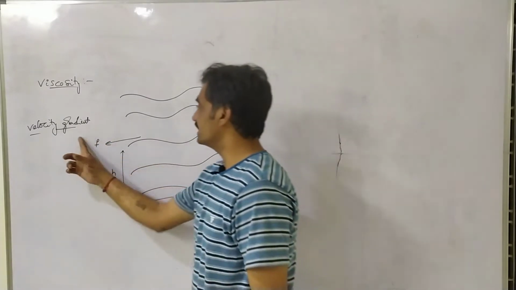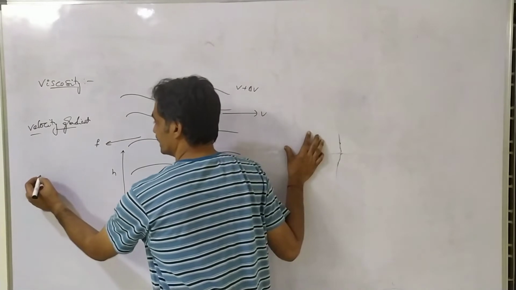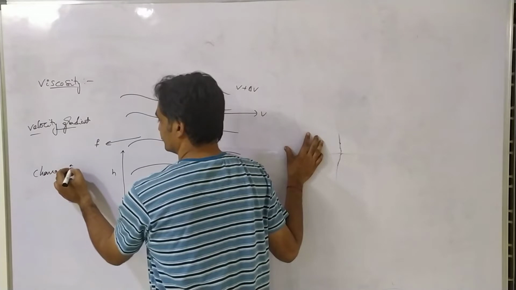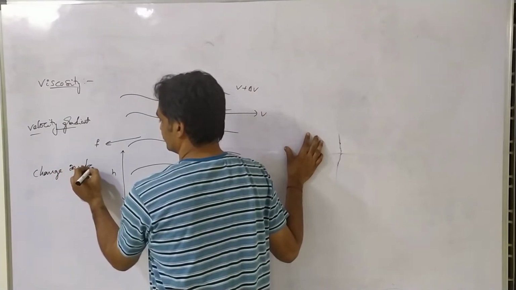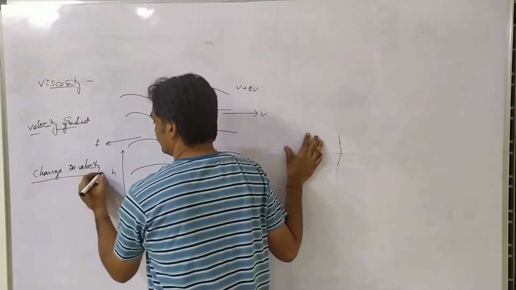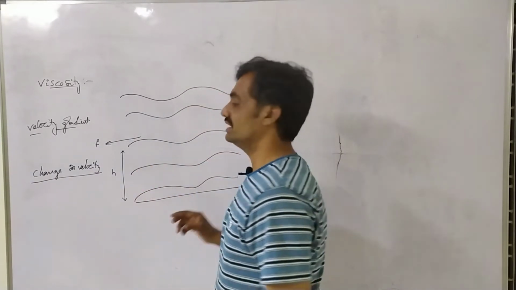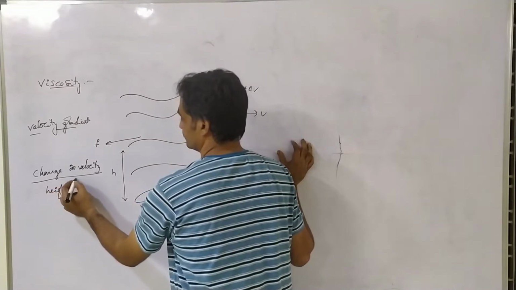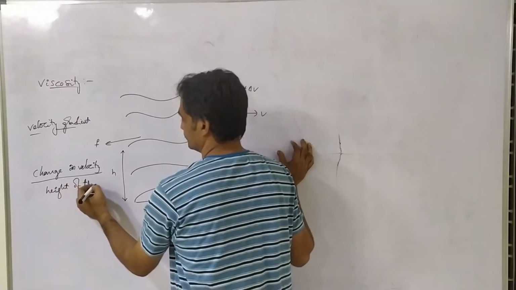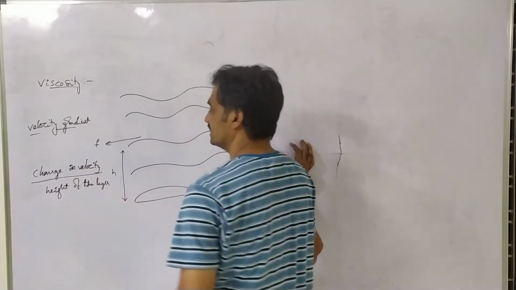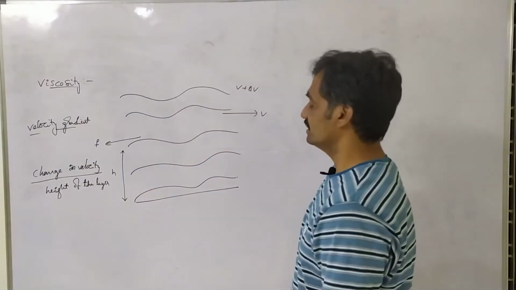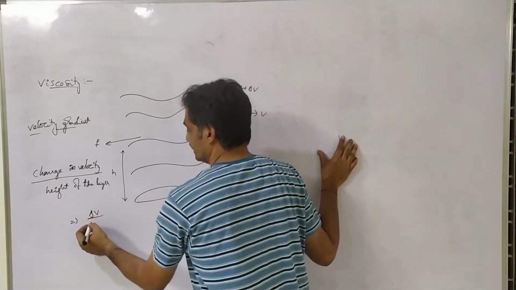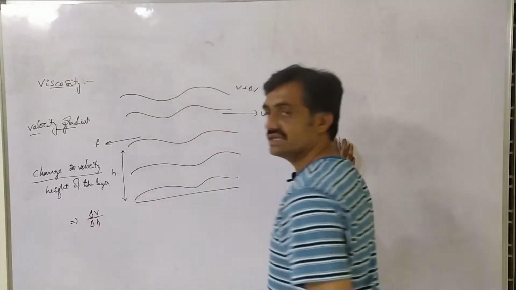Then the velocity gradient is represented as the change in velocity by height of the layer. It is represented as delta v by delta h.